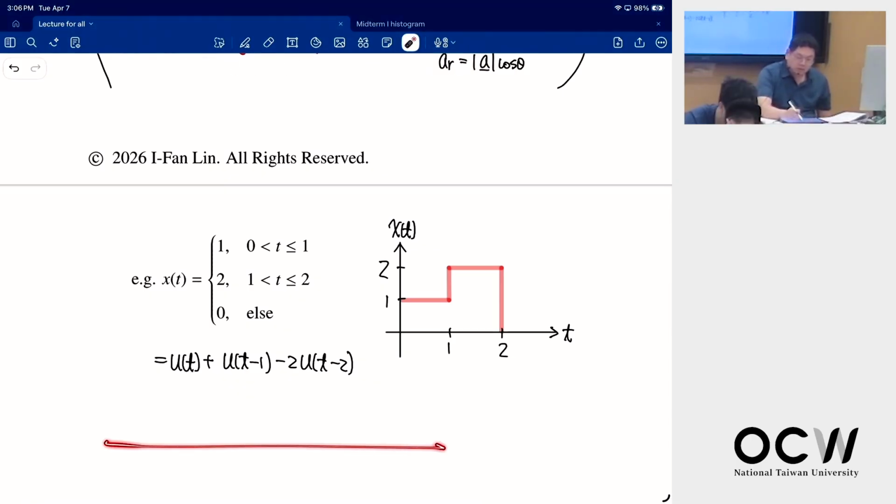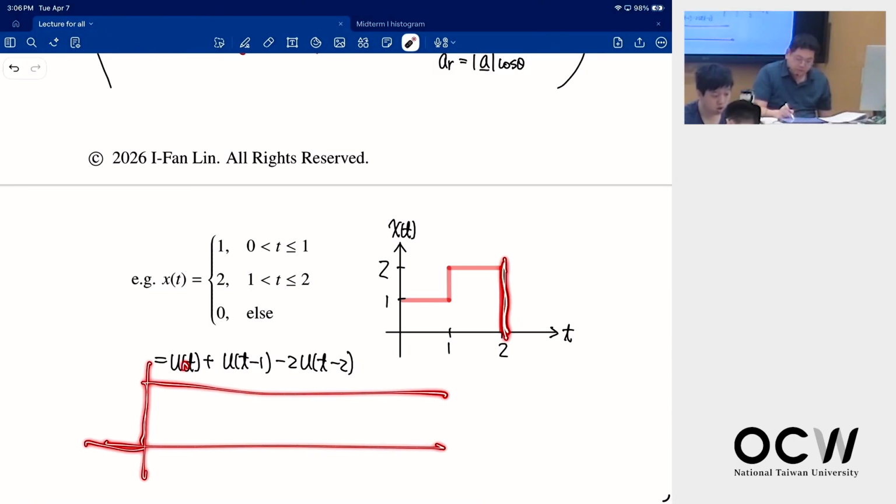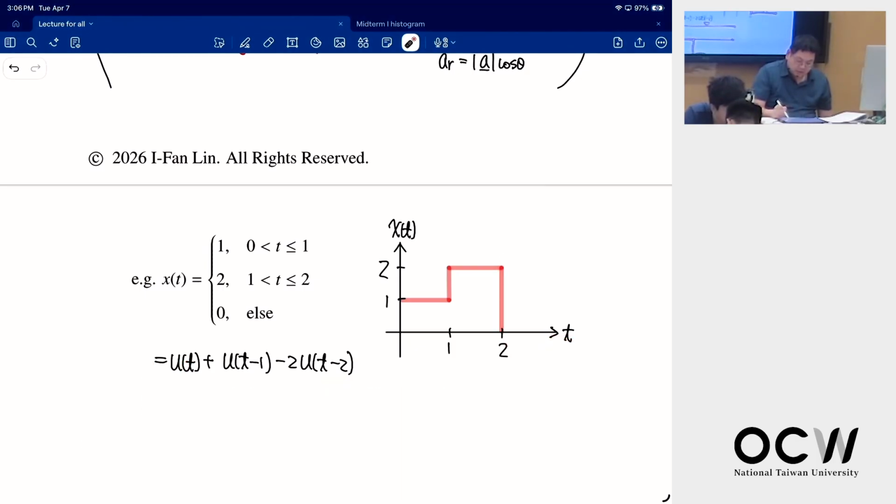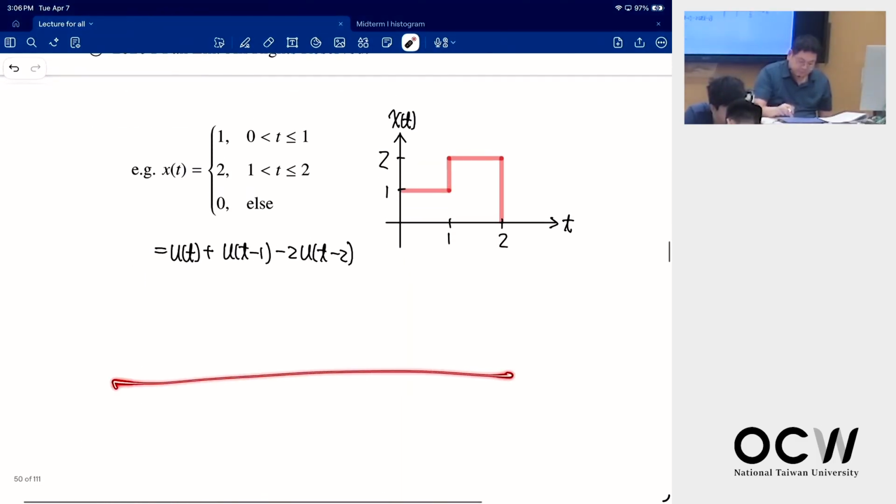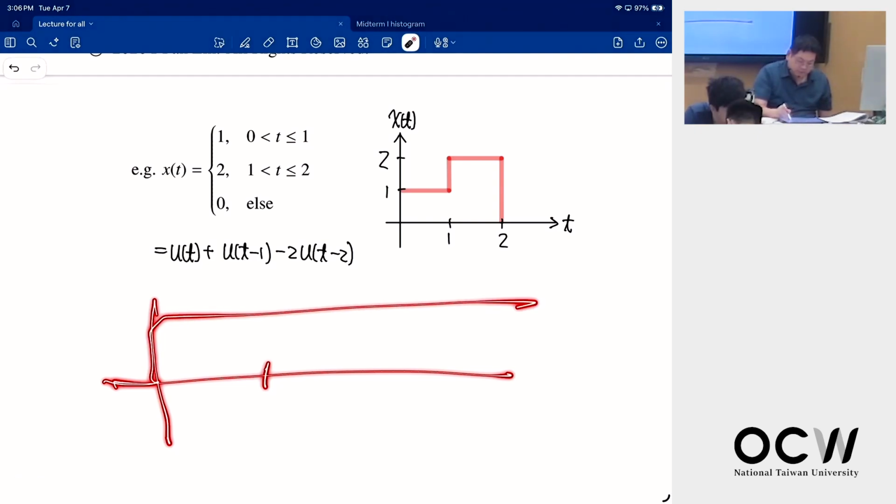Okay, u(t) is the unit step function, right? But here I will cut it off. So when t minus 2 here, I should have this. Here's u(t), 1, 2.